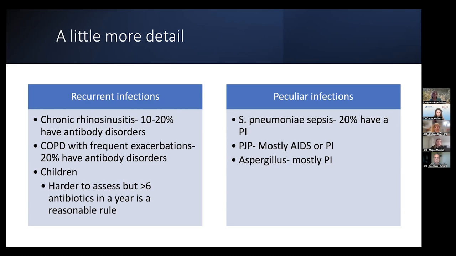Now, when I think about sepsis, to be honest, I don't always get an immune workup. I tend to think of it as bad luck. But in fact, study after study has shown that pneumococcal sepsis has a significant signal of immune deficiency. And so we should be thinking of some of these single episodes of serious infection as an anchor for working up primary immune deficiencies.